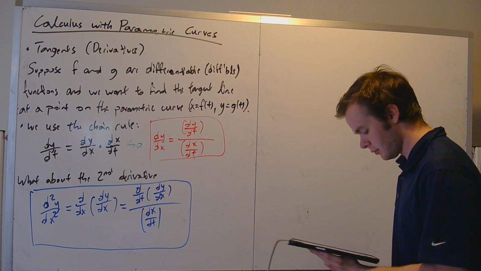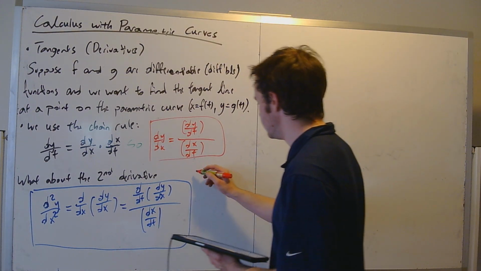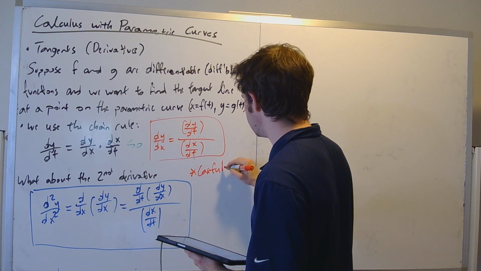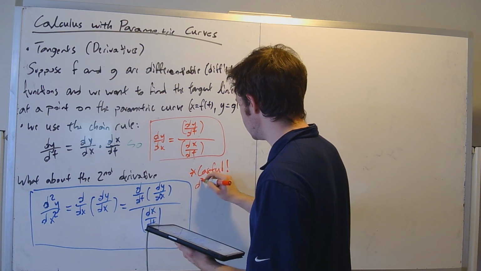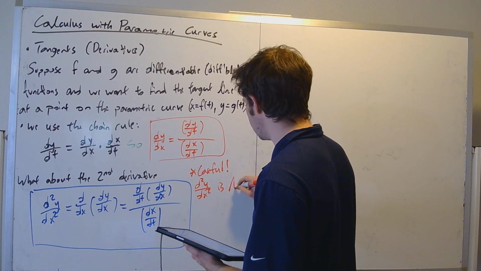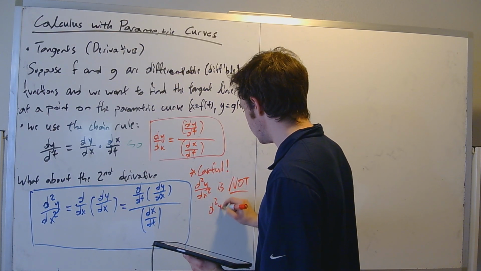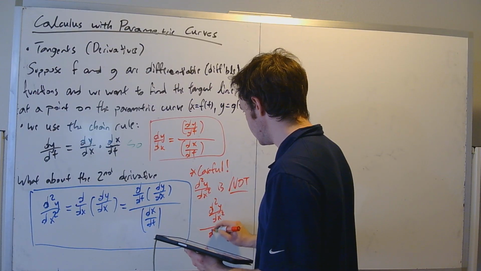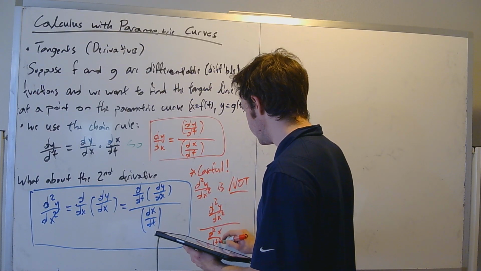And I'll say here, careful: d squared y by dx squared is not d squared y by dt squared divided by d squared x by dt squared.